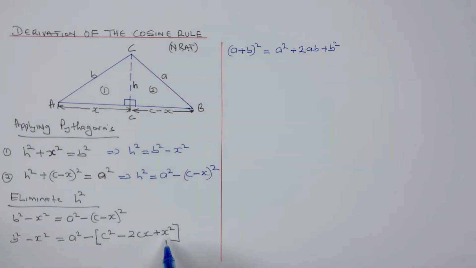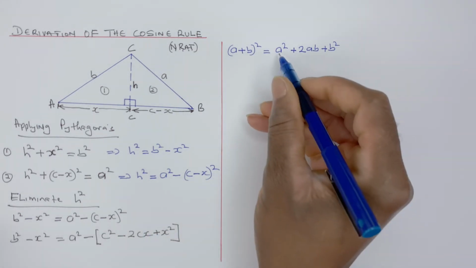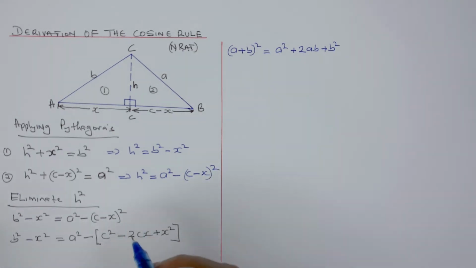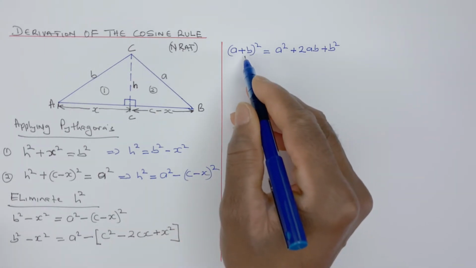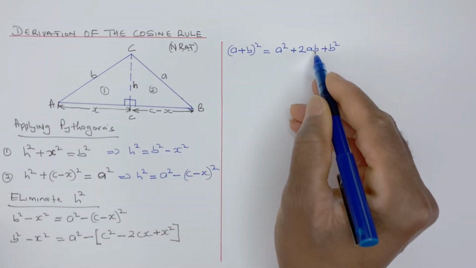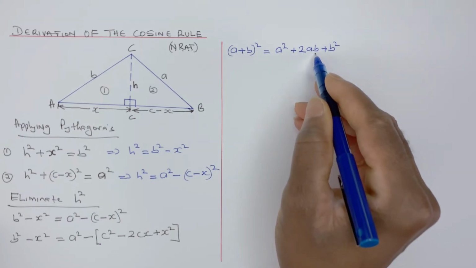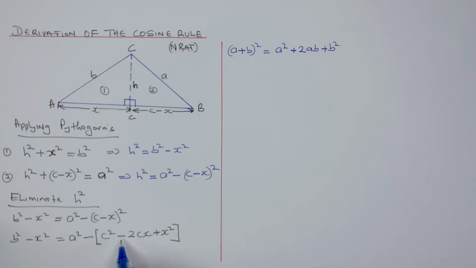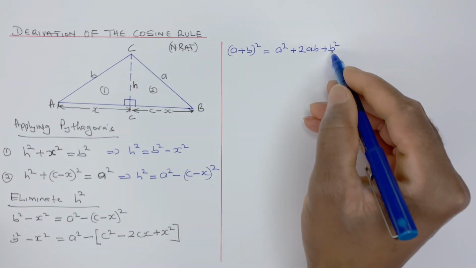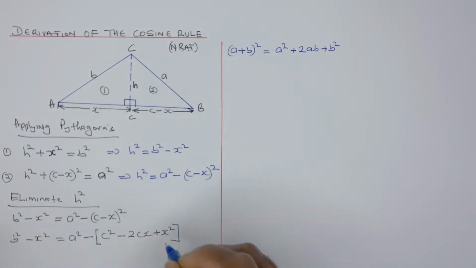It's the same thing here, but a is c, so you just replace that with c, and b here is minus x. That makes the middle term minus 2cx, and minus x squared becomes plus x squared when you square it.